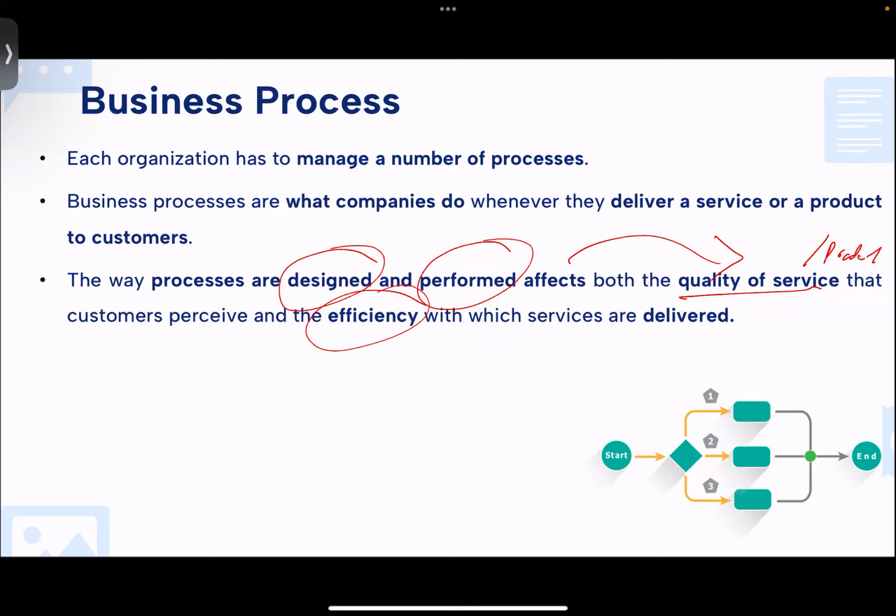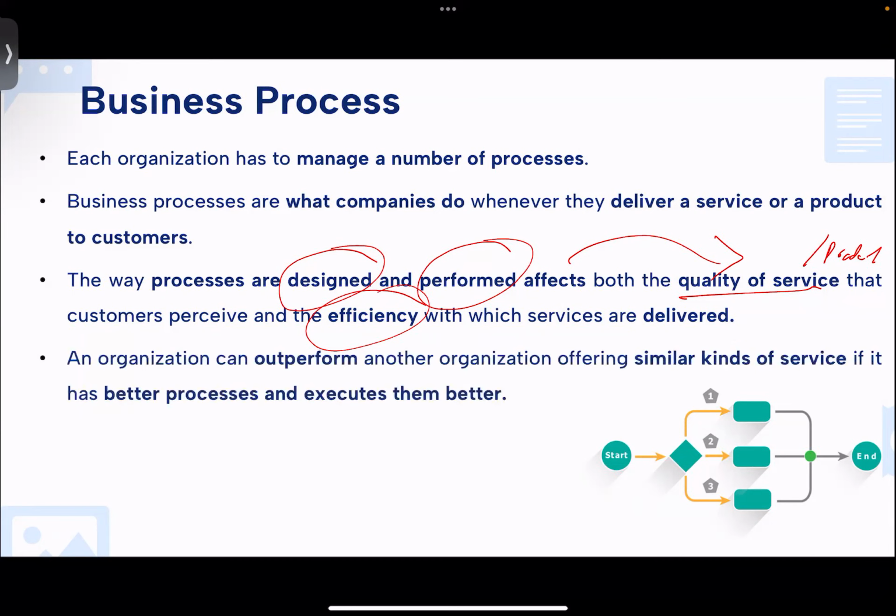Okay. So basically, as I mentioned earlier, the way processes are designed and performed has an effect on the quality of the service or the product as well as the efficiency of the organization. For example, consider a manufacturing organization like car manufacturers such as Toyota, BMW, Honda, Tata.